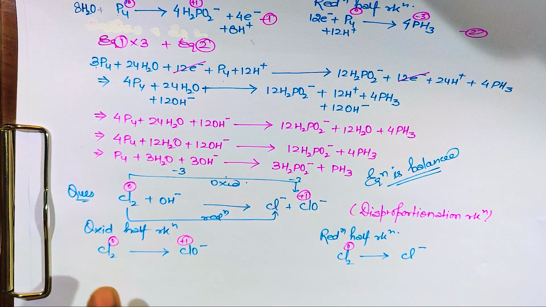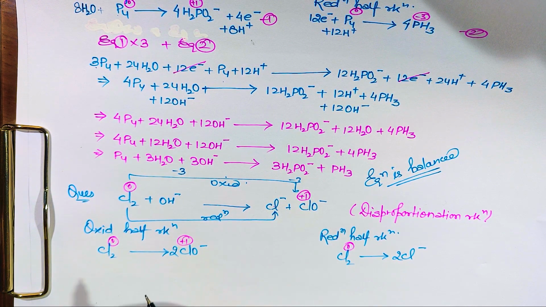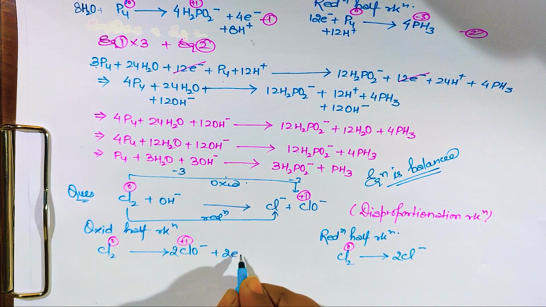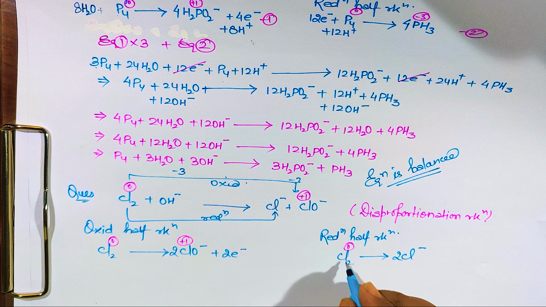Yes, so this is 2, so that's why 2 over here. This is again 2, so 2 over here also. Yes. Then find the total difference. Total difference is 2 times 0, 0, and 2 times plus 1 is plus 2. So that means a total difference of 2 electrons should be added on the side where the charge is already more. Yes, in this case it is 0 and this is minus 2, again 2 electron difference, so just add it on this side, no issue.